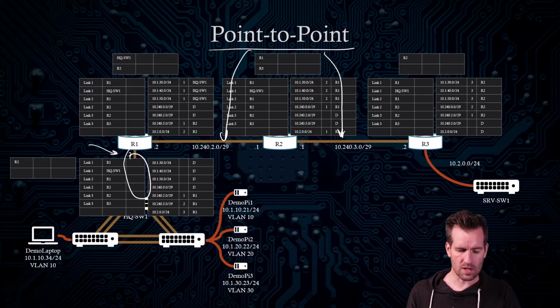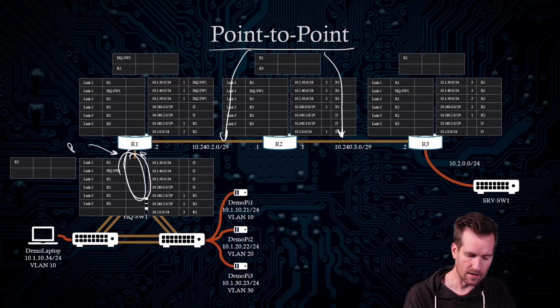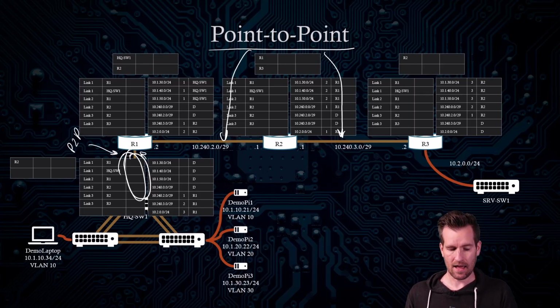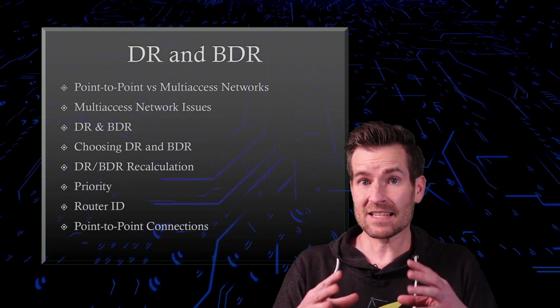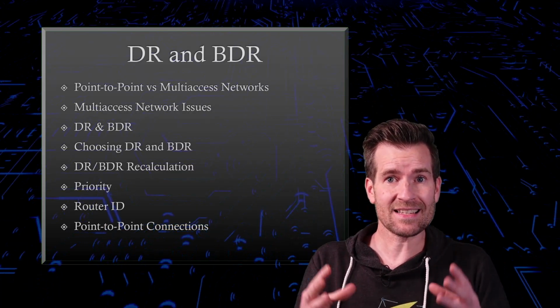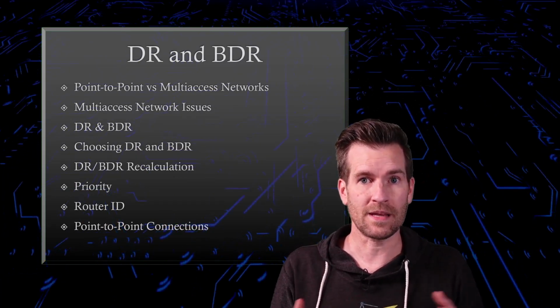And so what we could do is get onto these interfaces right here and change that to a point-to-point network, and then we would eliminate that whole process there. So there you have it. That is some of the issues with a multi-access network when it comes to OSPF.